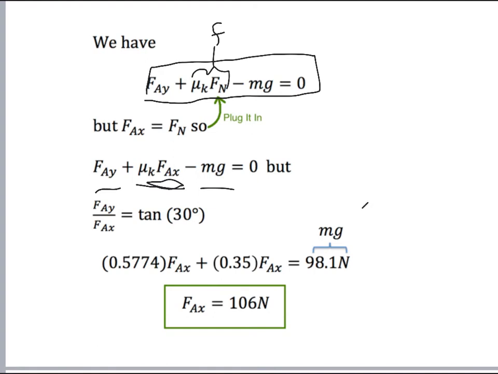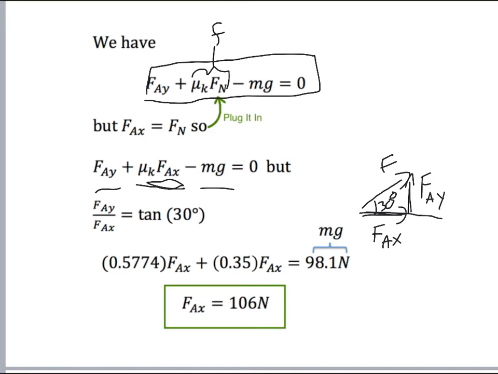We know in the picture that this force was given at a 30-degree angle. And so if I have FAX and I have FAY, we know that the opposite over the adjacent is equal to the tangent of the angle, and we were told that the angle is 30 degrees.